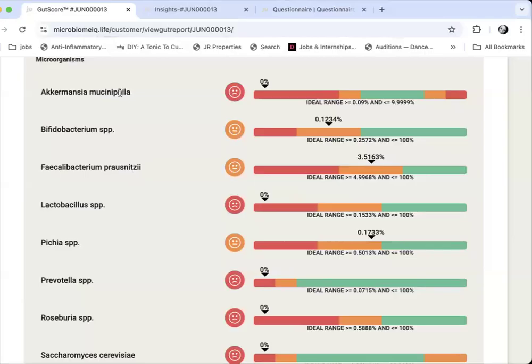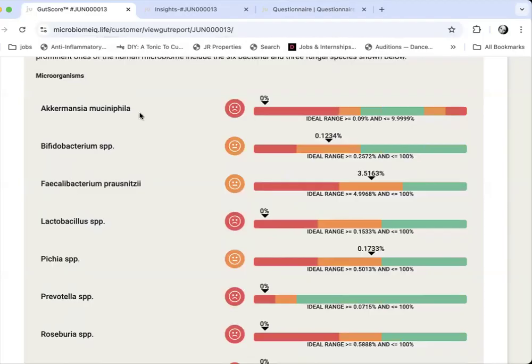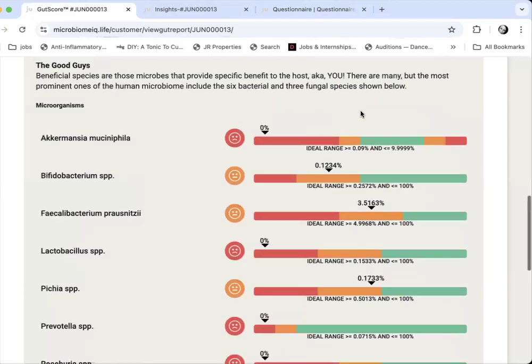Another helpful tip for your clinical interventions is that Akkermansia muciniphila loves red polyphenol foods. So that's a really good, easy, low-hanging fruit intervention that you can offer to your customers and clients if their Akkermansia muciniphila is low.